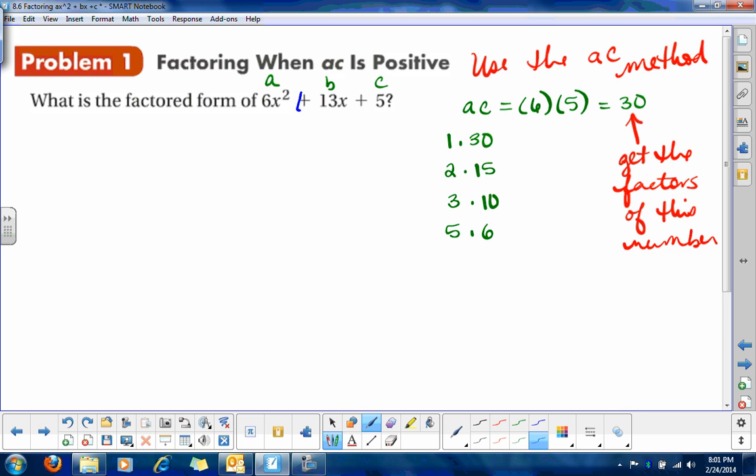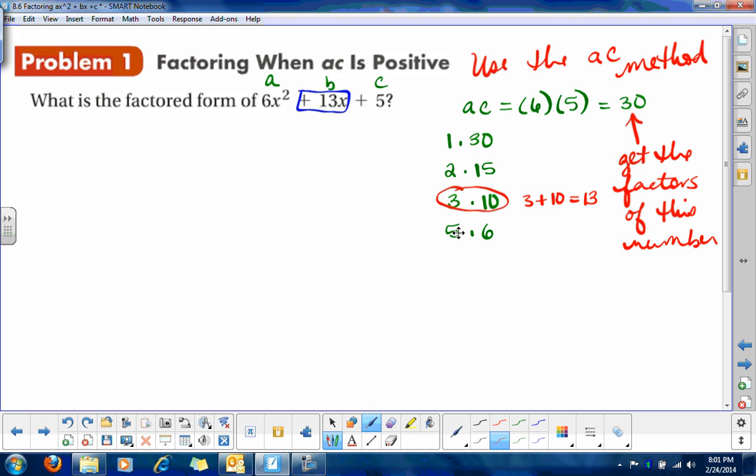So which one of those factors, when I add them, gives a positive 13? Well, there it is right there: 3 plus 10 is equal to 13. So this is the one that we're going to use.